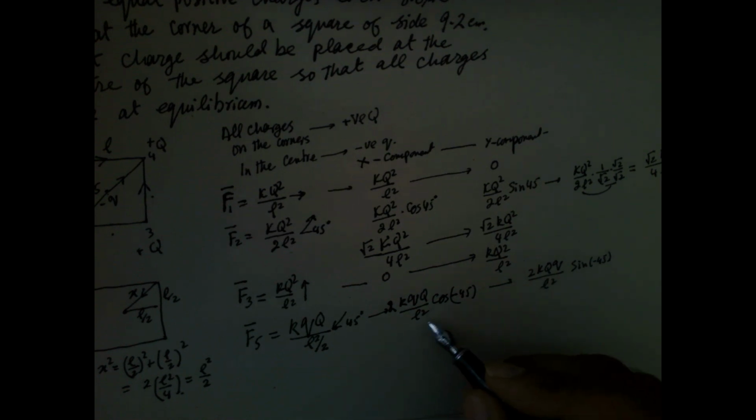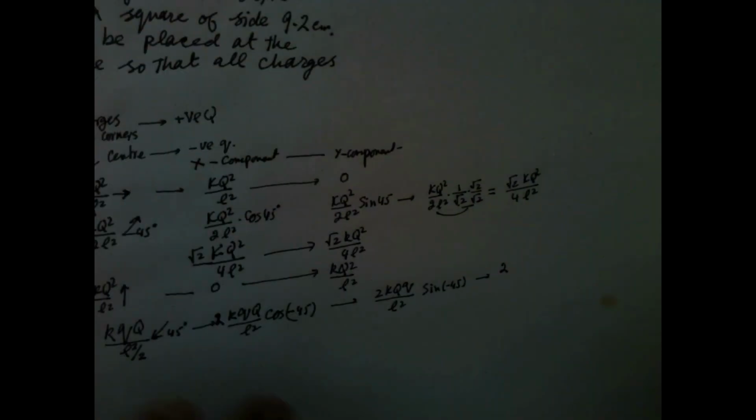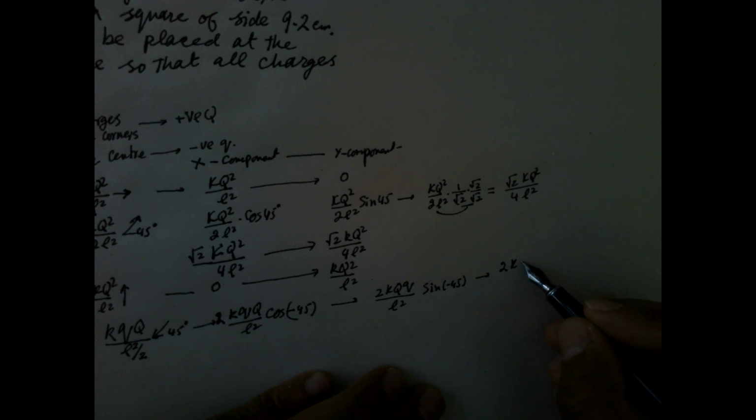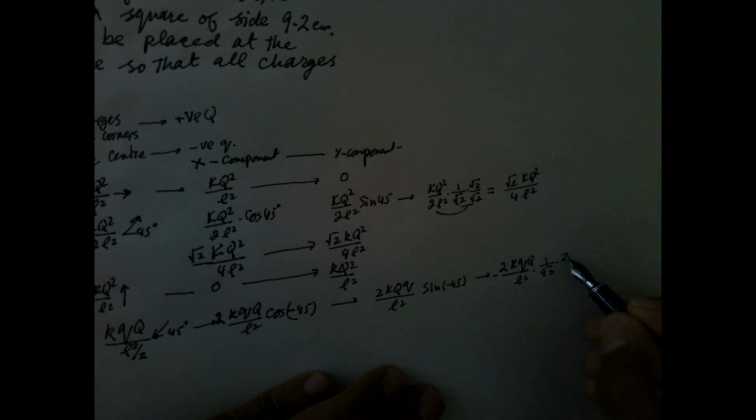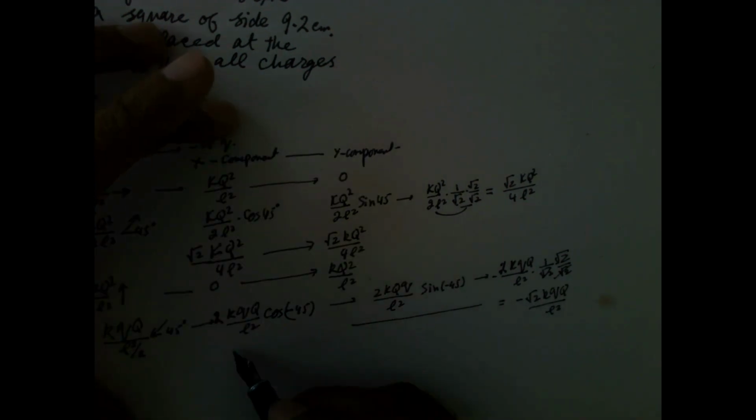Solving this, 2kqQ over L squared times minus 1 over square root 2, rationalized, the 2s cancel, so this is minus square root 2 kqQ over L squared. The y component is also minus square root 2 kqQ over L squared.